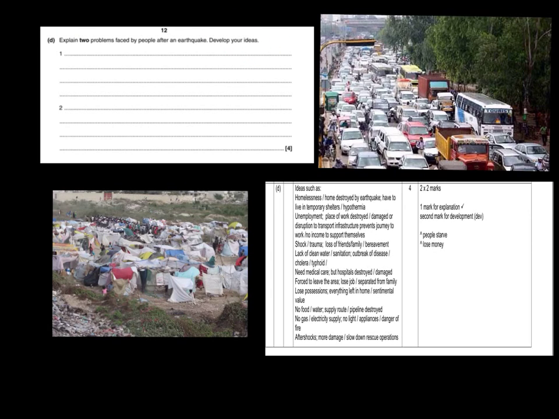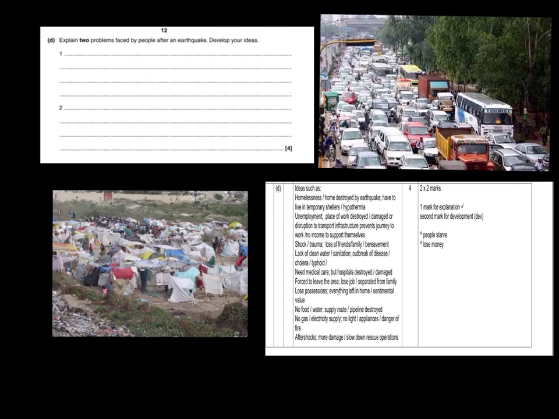Now it's worth thinking then what the examiner's after. What that means is that for one reason, what they call an explanation, you'll get 1 mark. And then if you explain why that's bad, that's what they call their development, you get the 2nd mark. So we do need something which goes along the structure of, causes this problem, which is a problem because.